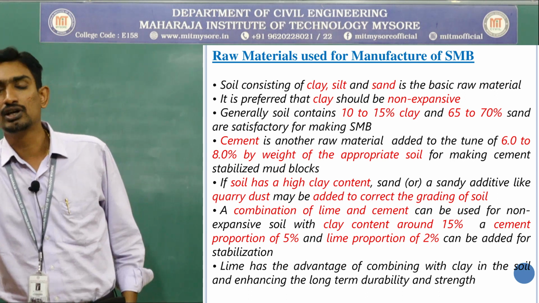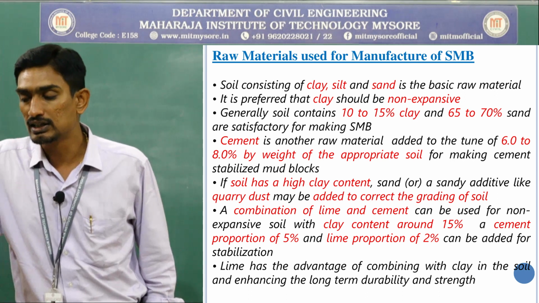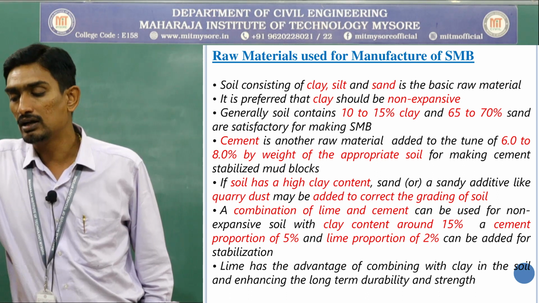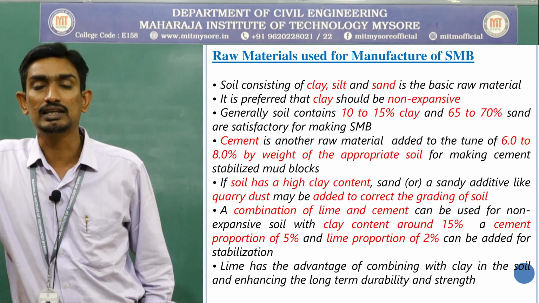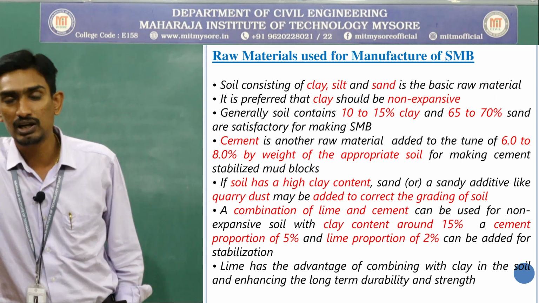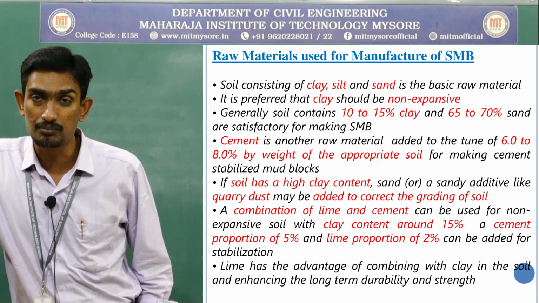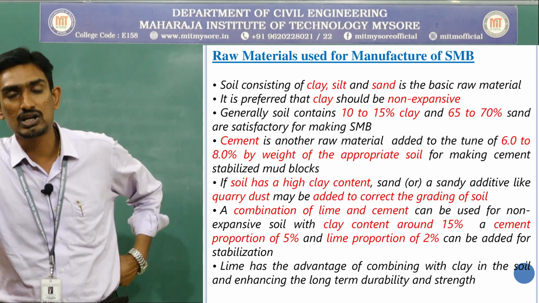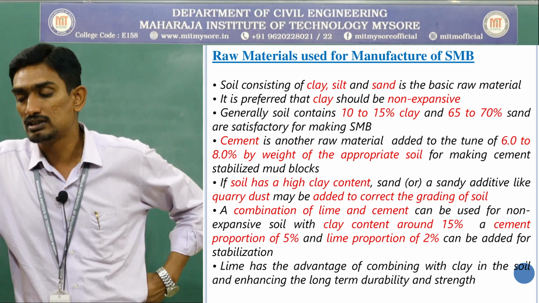The soil should comprise 10 to 15% clay and 65 to 70% sand, which is satisfactory for making SMB. So 10 to 15% clay and 65 to 70% sand is required to manufacture the SMB block.